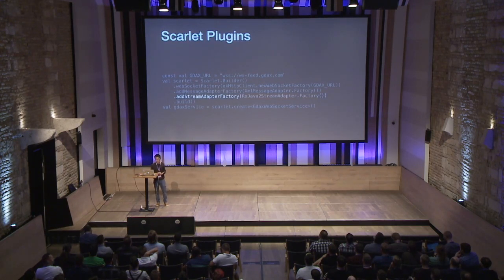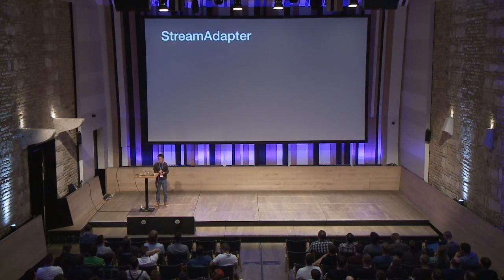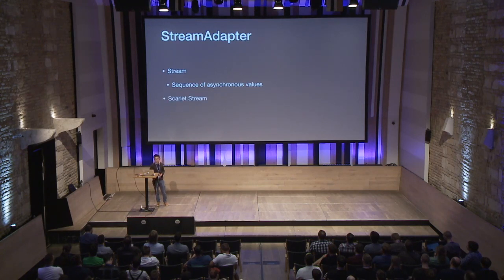And let's talk about StreamAdapter.Factory. Because the data you receive from the server is a sequence of asynchronous values, we use a stream to represent them. We have a built-in stream type.